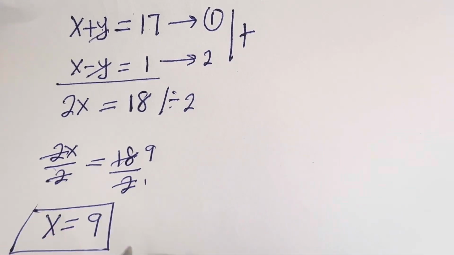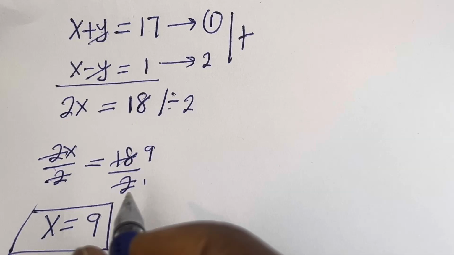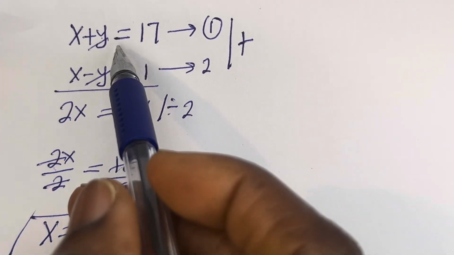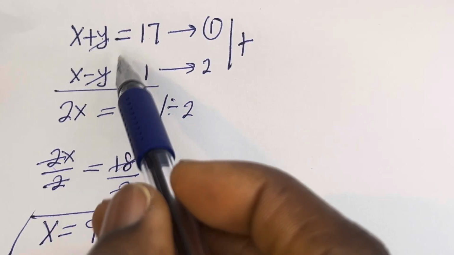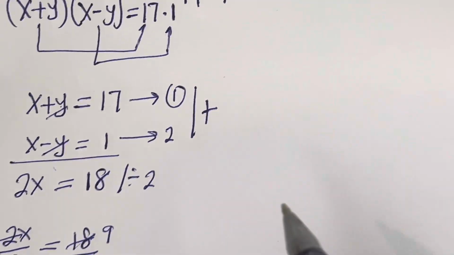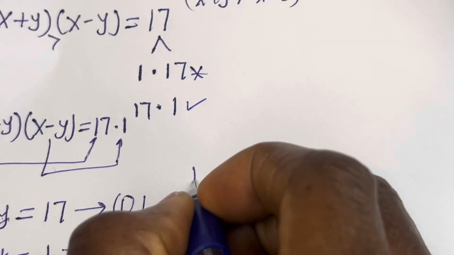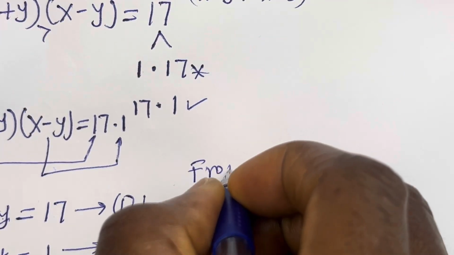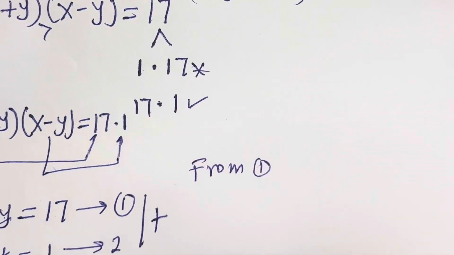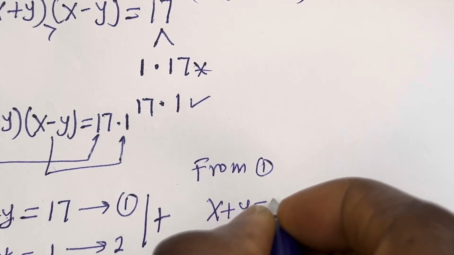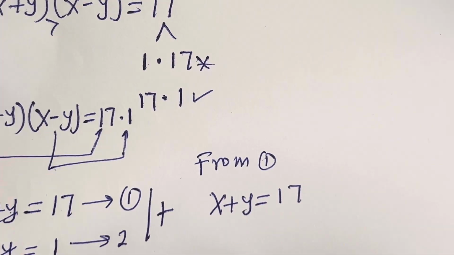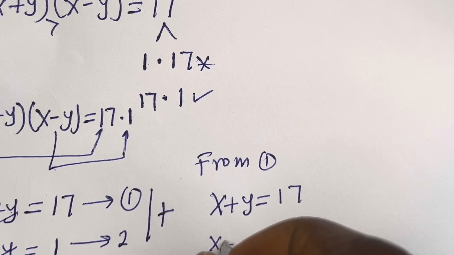We've gotten the value of x. Let's solve for y using either equation 1 or equation 2. But in this case, I'm going to make use of equation 1. From equation 1, x plus y is equal to 17 when x is equal to 9.